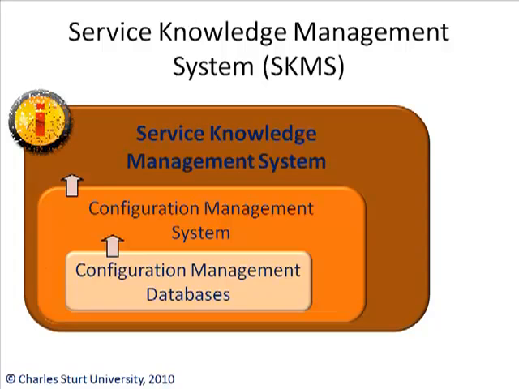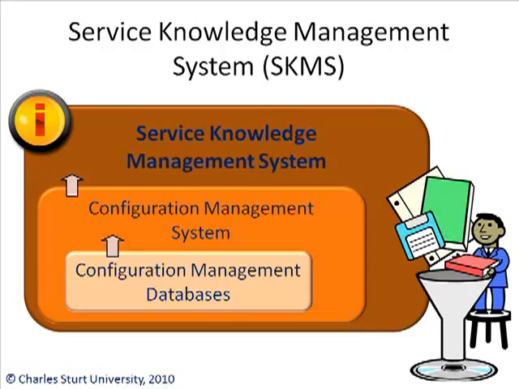So you will be able to make informed decisions, and that's an attribute of using a total quality management system, a TQM. It's all about using facts to make proper informed decisions. That's what we're talking about here. The SKMS will allow you to move forward and make the right decisions.